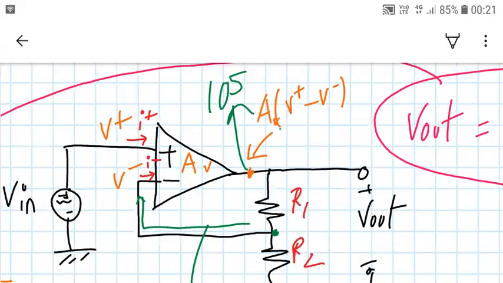The negative feedback will try to keep the voltage of V minus as close as possible to V plus. Because as we know, if the difference between the two terminals increases, the output will go to the saturation level immediately if the difference is very large. So the negative feedback will keep V minus and V plus extremely close.